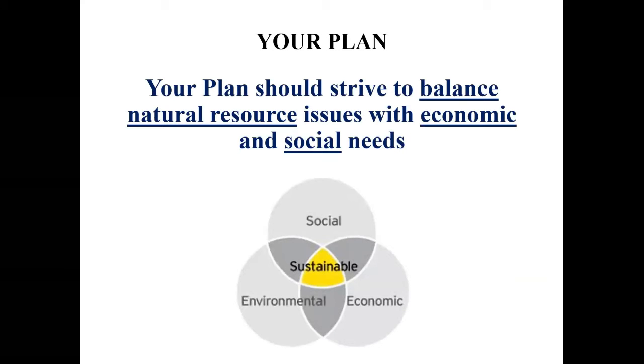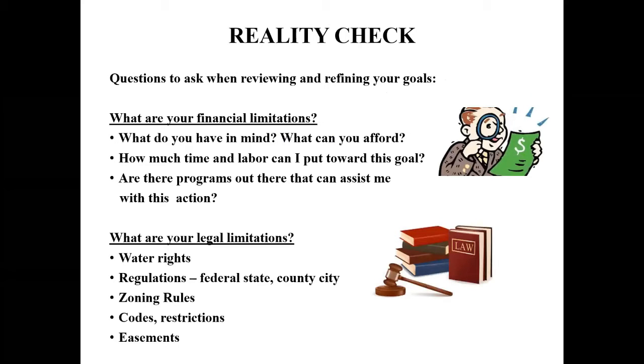So one thing to think about when you're doing your plan is to balance the natural resource issues, economic and social needs. There's a reality check. If you have 5-10 acres and you come up with a big list, that can be very overwhelming. And most folks have financial limitations. So you want to think, what are the highest priority?